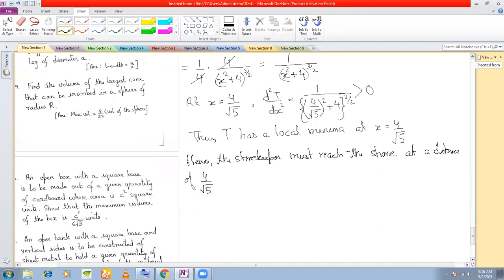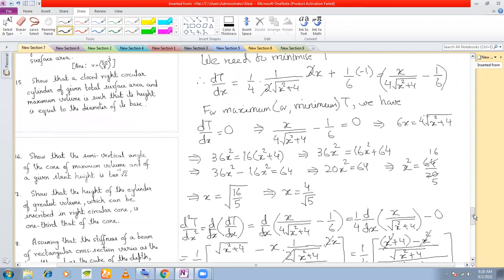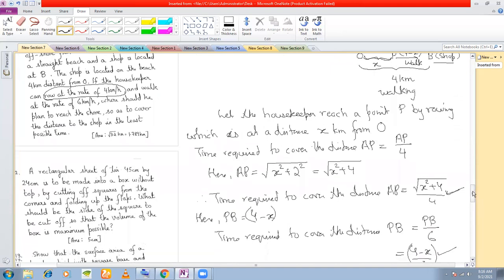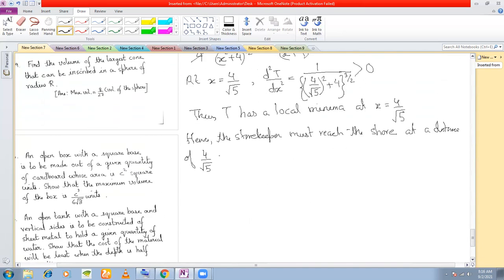If you see, the answer is, I think, given here in terms of root over 3.2. You can convert this to 3.2.